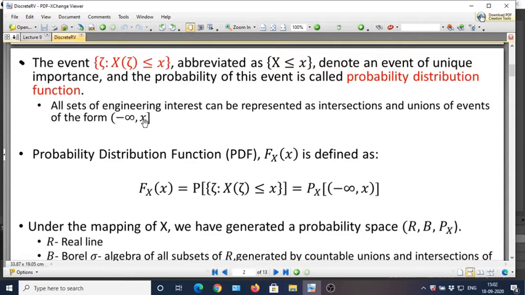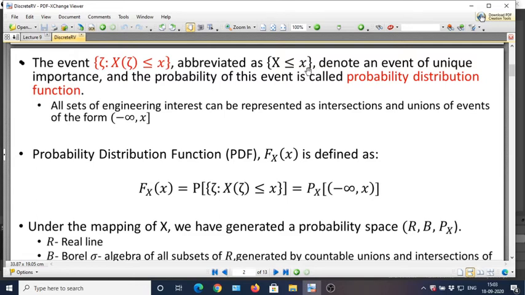So henceforth, for a shorthand notation, we can even call these intervals on the real axis as events themselves. So the events on the sample space which map to these intervals can be called such that the event corresponds to the case where the random variable takes a value less than or equal to a given value small x.